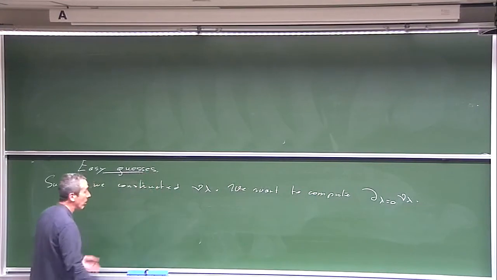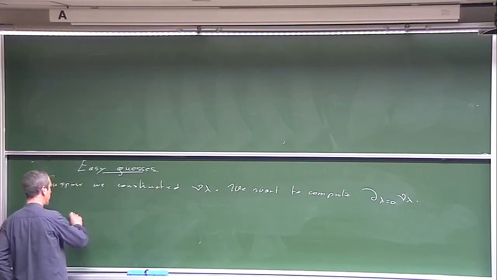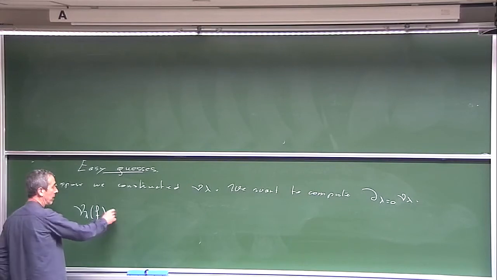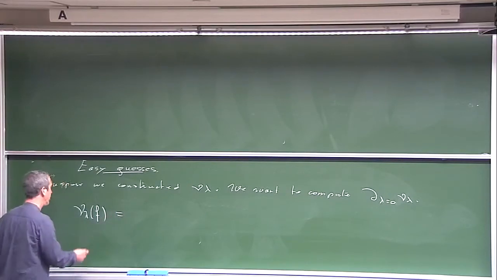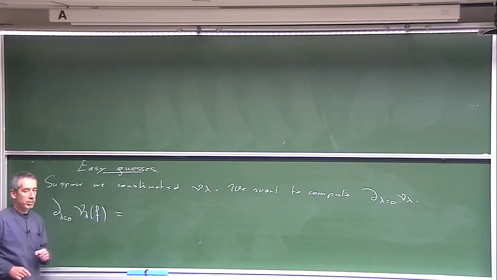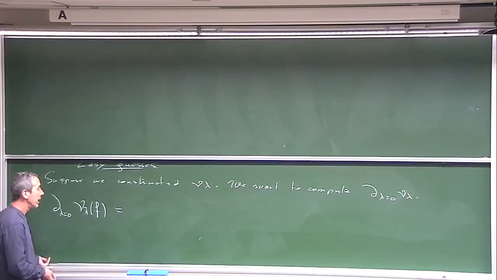So here's a completely unjustified way to compute the derivative. I evaluate nu lambda at some function f, and I'm going to take the derivative. But this looks a little bit complicated.